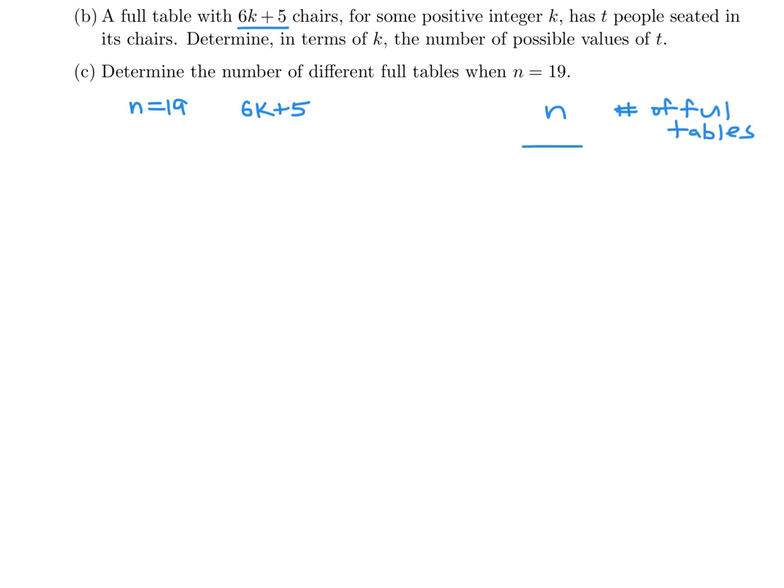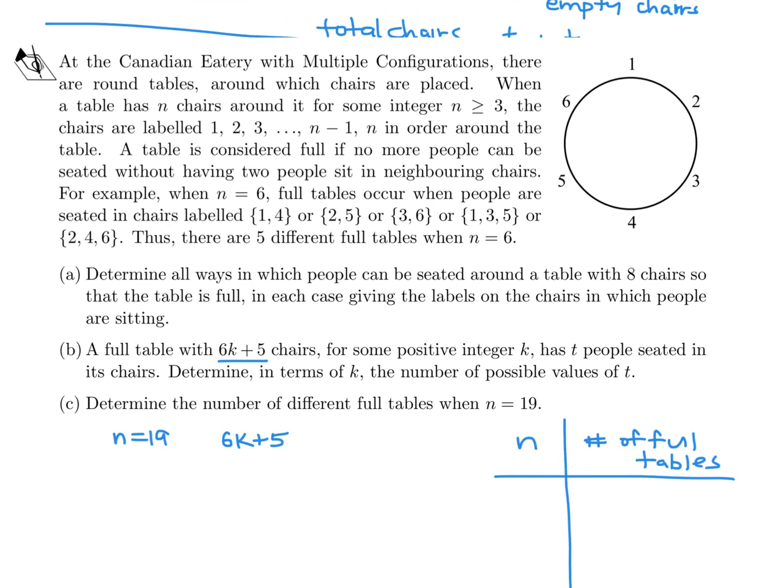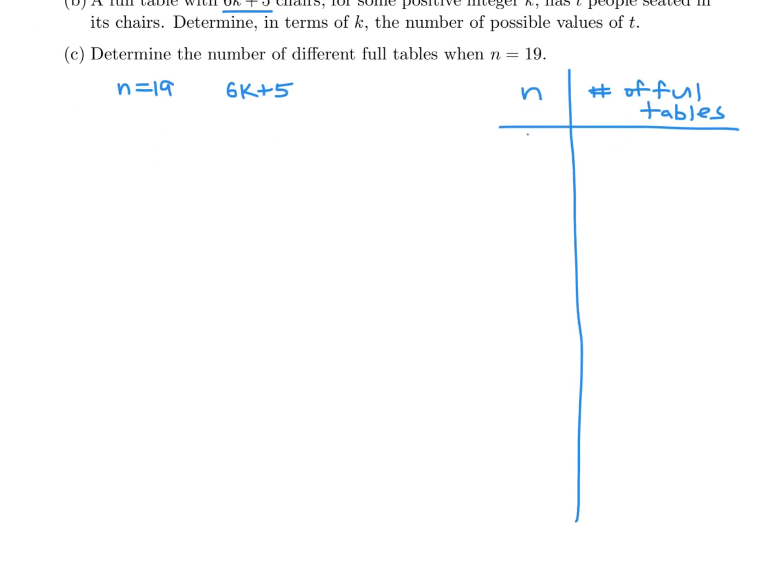Let's see what happens. I think the lowest n, does it give us some parameters like where n starts? Yeah, n has to be greater than or equal to 3. So it starts with 3. Okay. All right, so let's start with 3. When n is 3, we'll define it as a function, f of n, and then hopefully we can get some sort of a pattern.